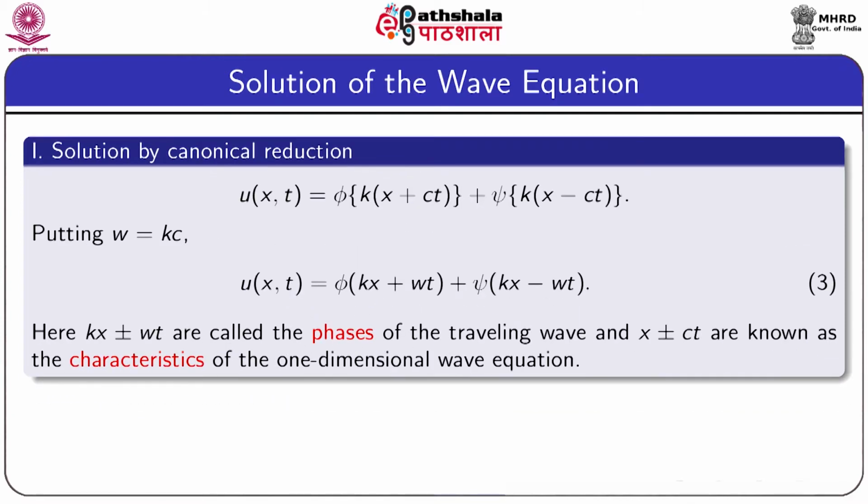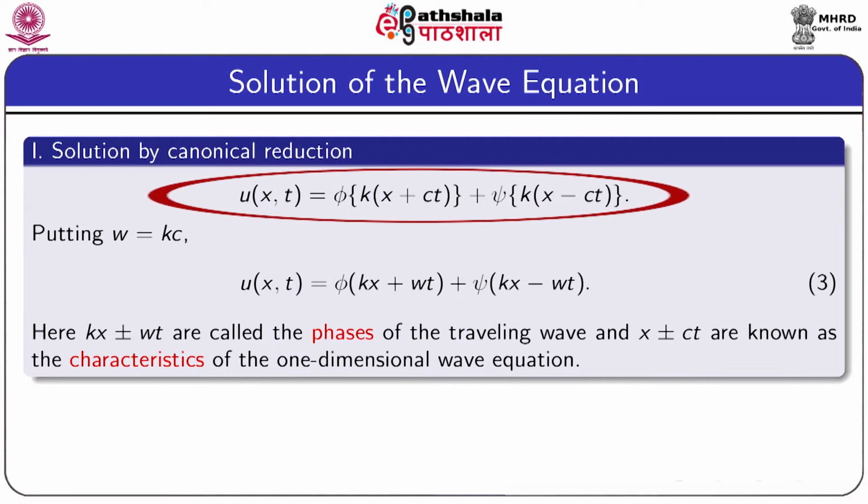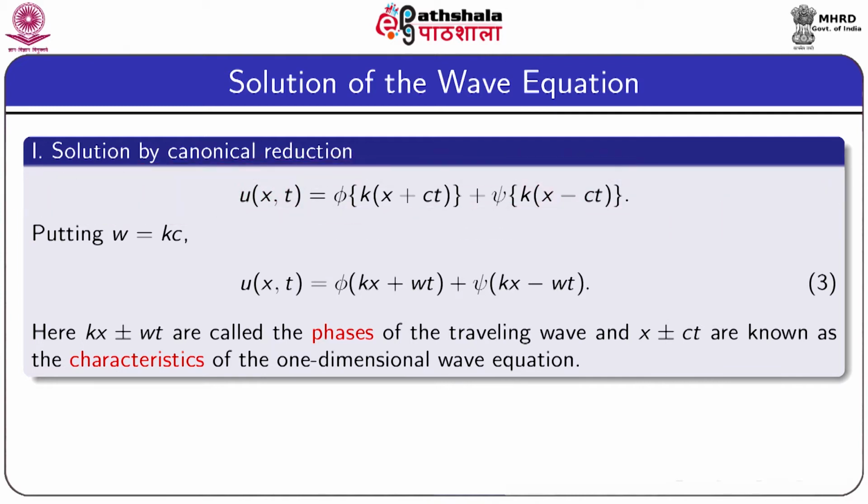Now, if we multiply the argument by k, that means u = φ(k(x + ct)) + ψ(k(x − ct)) is also a solution of the one-dimensional wave equation, where k is an arbitrary constant.